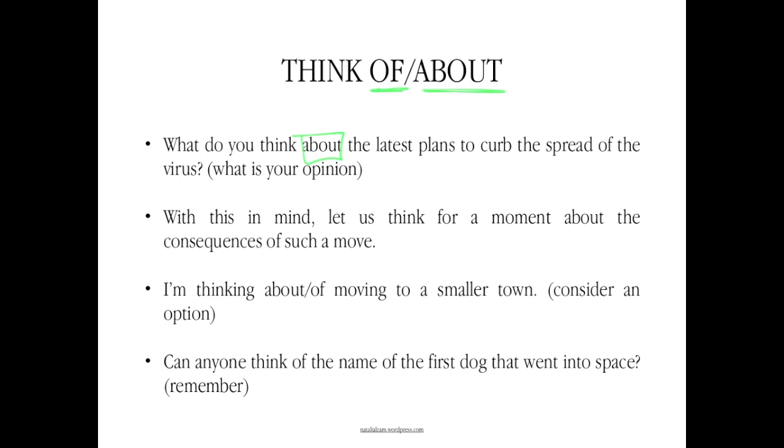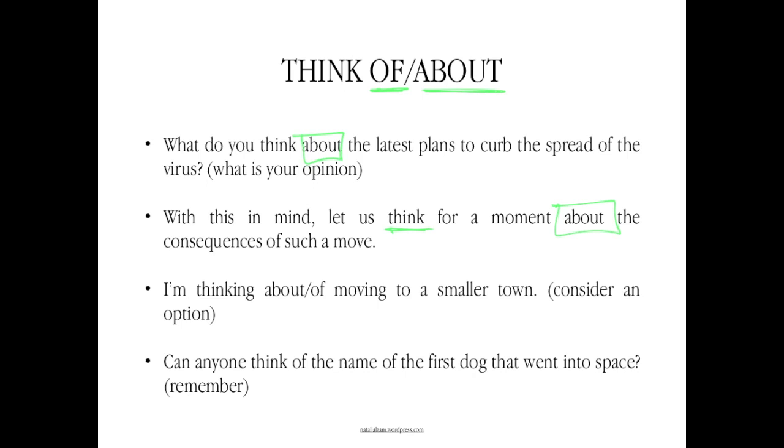Or when you say things such as, "With this in mind, let us think for a moment about the consequences of such a move, of such a decision." So again, with this in mind, let us think about the consequences of such a move.